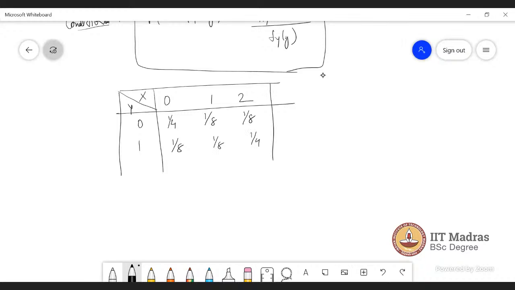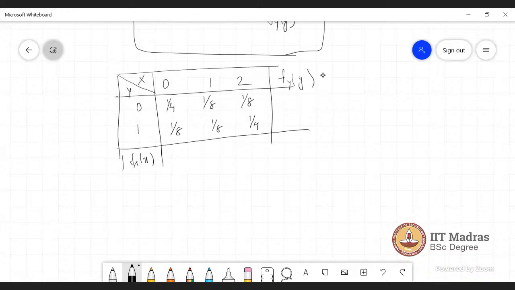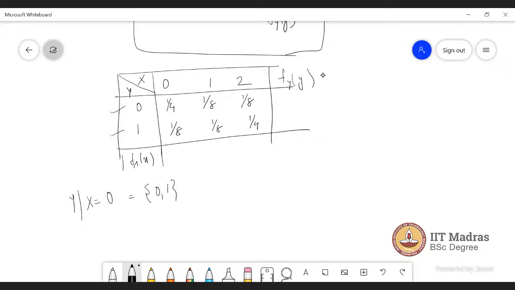Here you will have fy of y, and there you will have fx of x. If I ask you what the range of y is given x equals 0, y takes the value 0, 1.